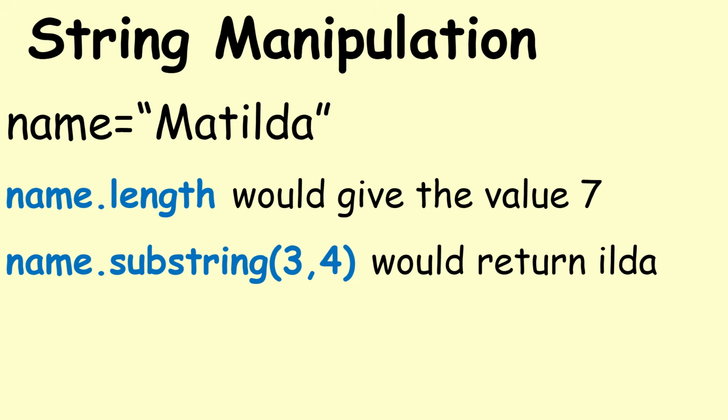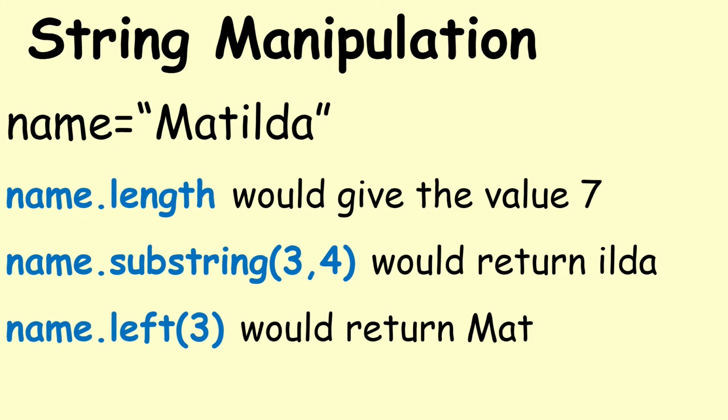So M would be in index 0, A would be in index 1, T would be in index 2, and I would be in index 3. And that's why our substring here, of splitting that bit of the text up, is going to start at I. And then the second number in the brackets is how many characters to take. So we're starting I in index 3 and we're taking 4 characters. So it would return Ilda.